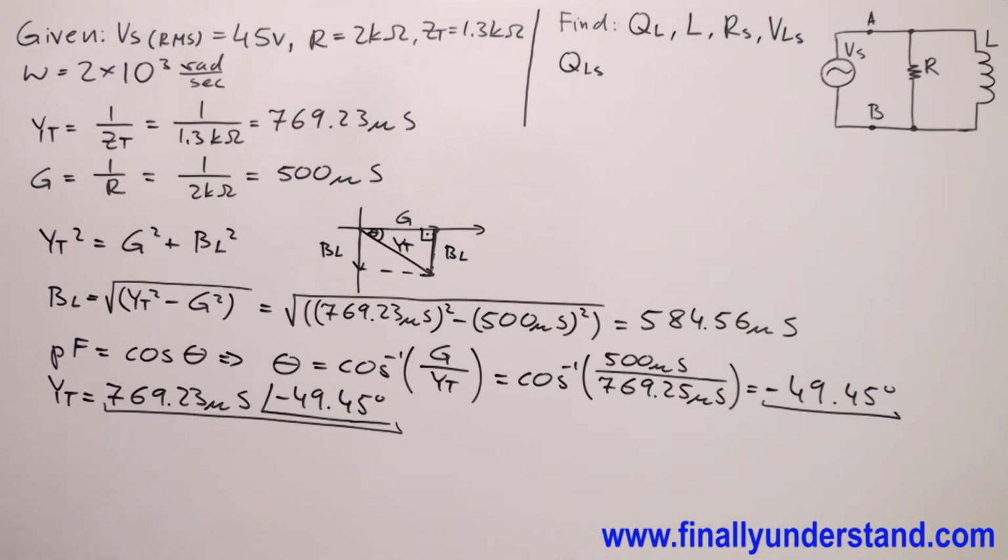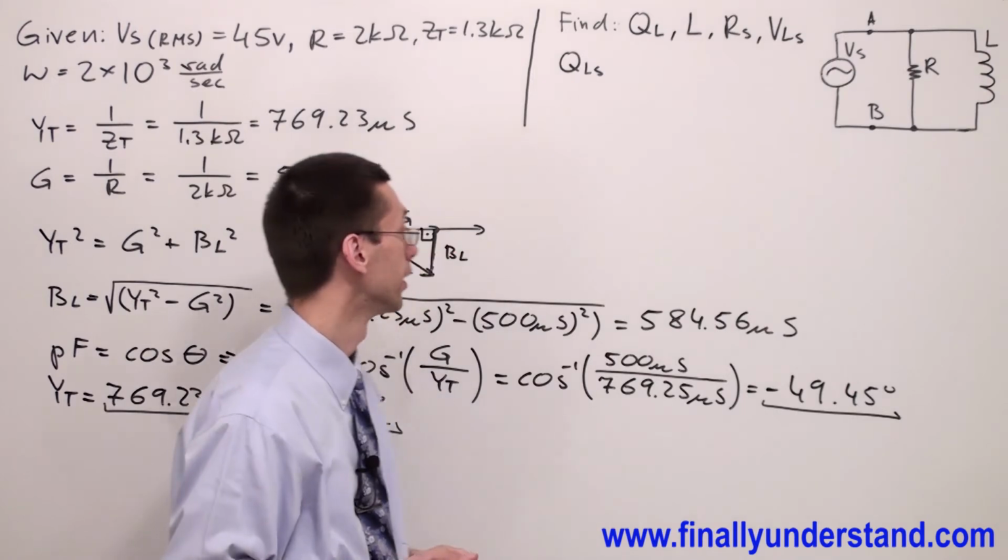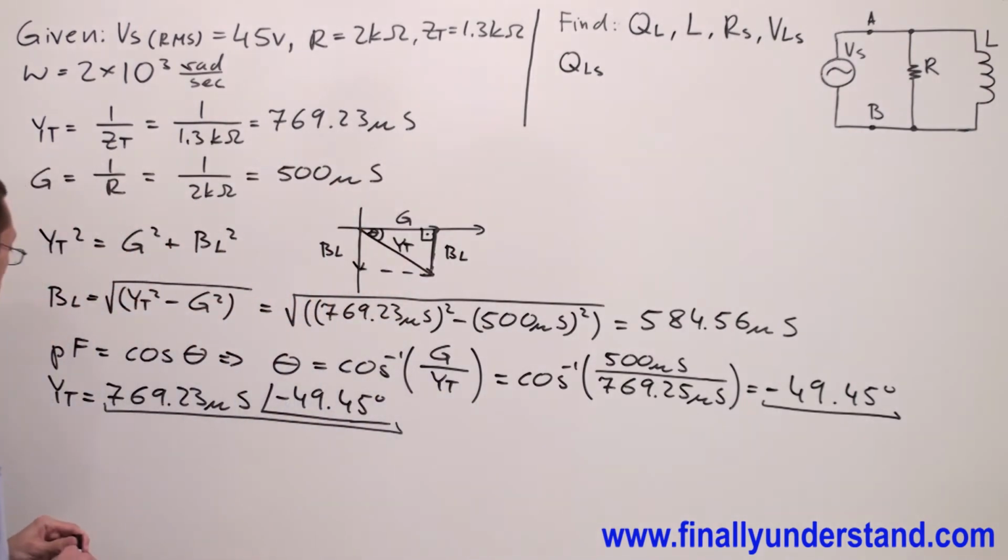Next, we're supposed to find the inductance in our circuit. In order to do so, we're supposed to write the formula for the inductive reactance. X of L is equal 2 pi FL.